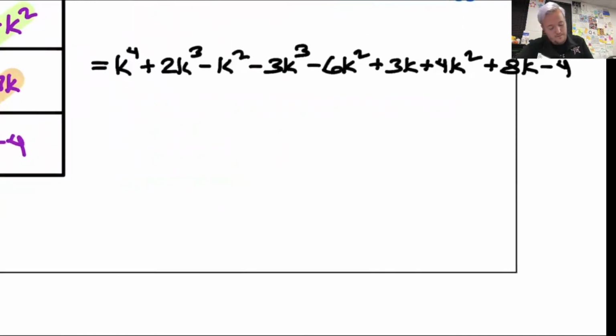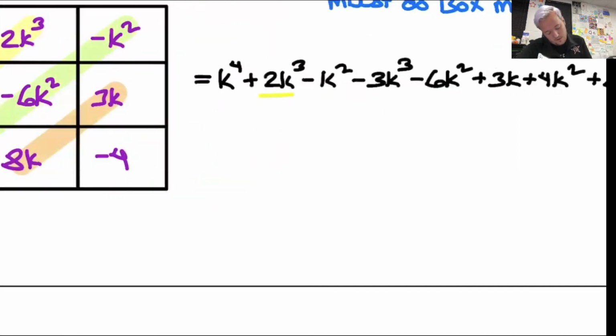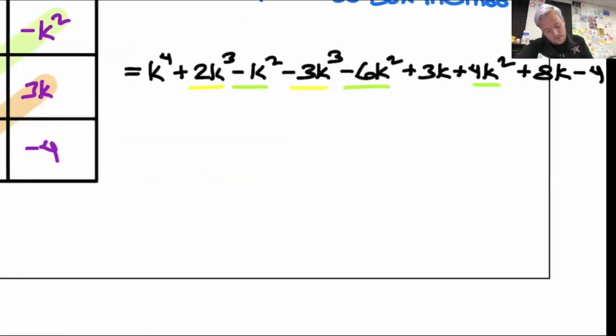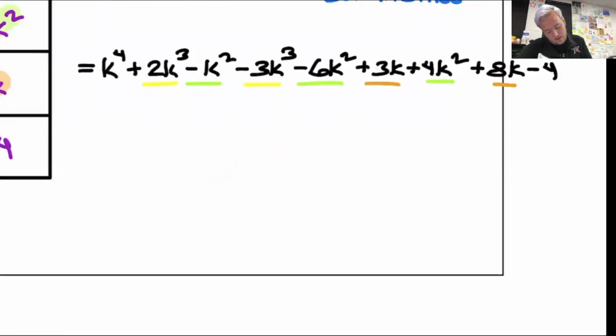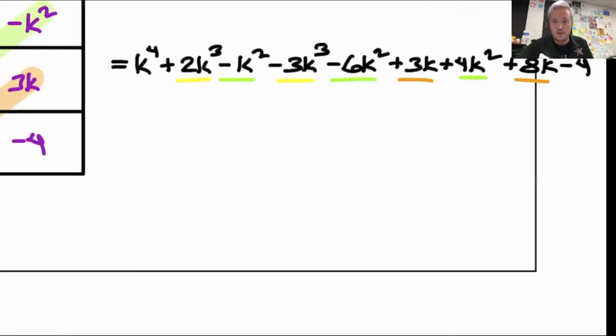All right. So combine the 2k cubed, negative 3k cubed, combine negative k squared, negative 6k squared, and 4k squared. And I'm going to combine 3k and 8k. So most of this will be condensed when you combine like terms.